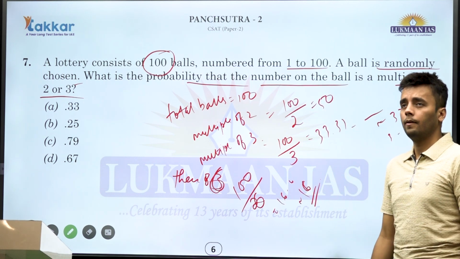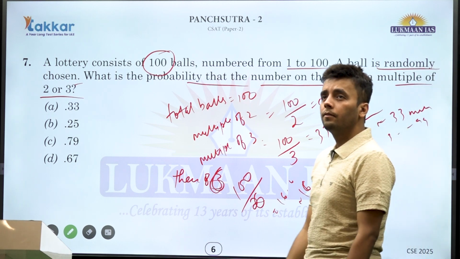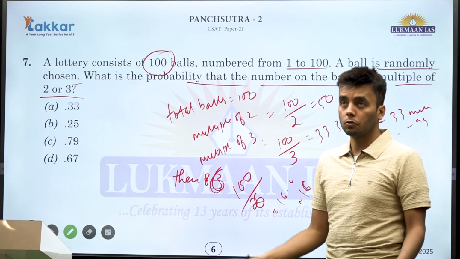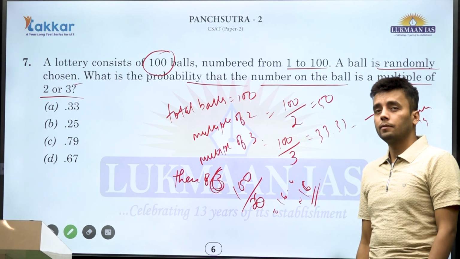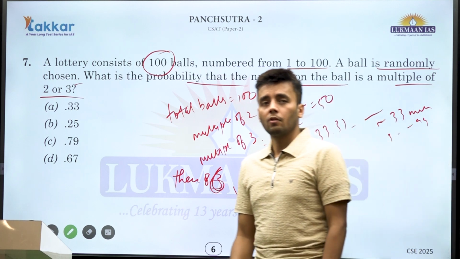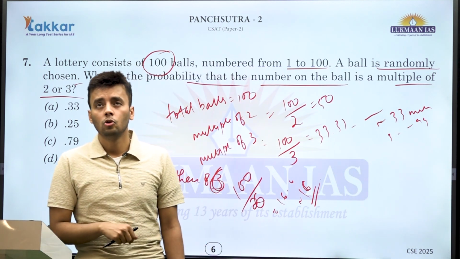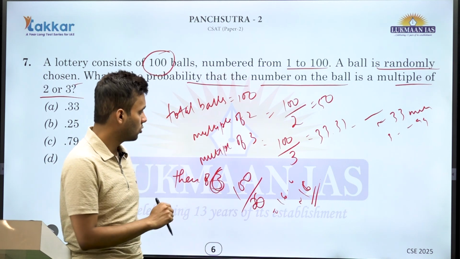The problem is, a multiple of 6 is also a multiple of both 2 and 3. That means they will be counted twice. So we need to subtract to avoid repetition.